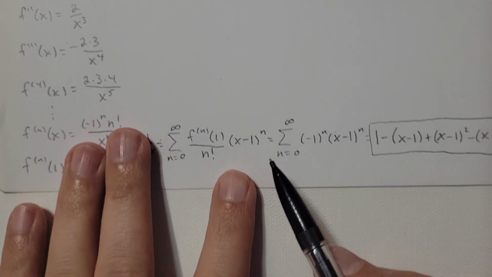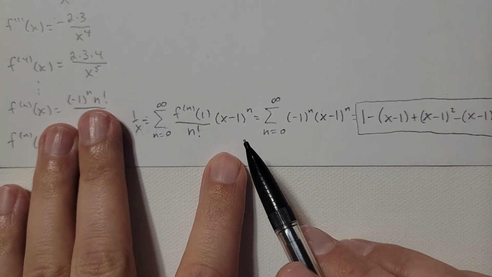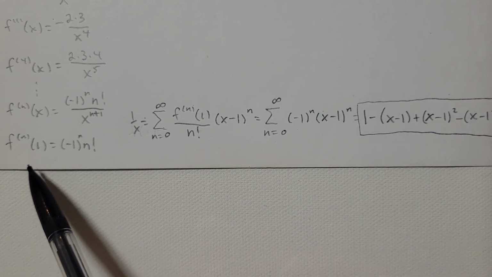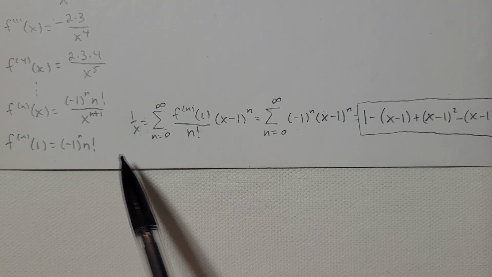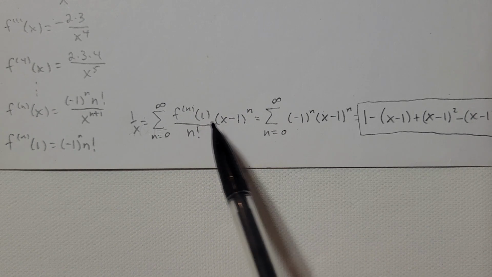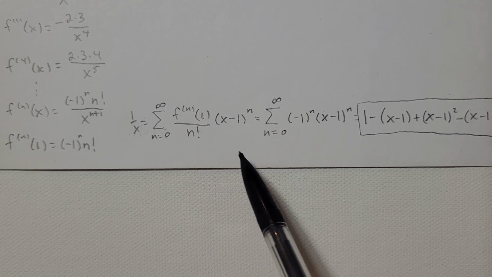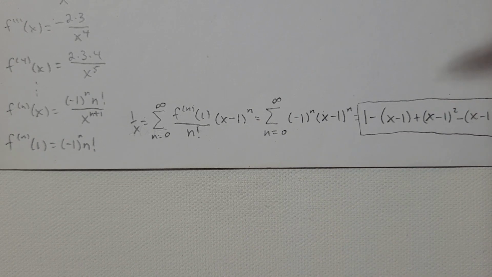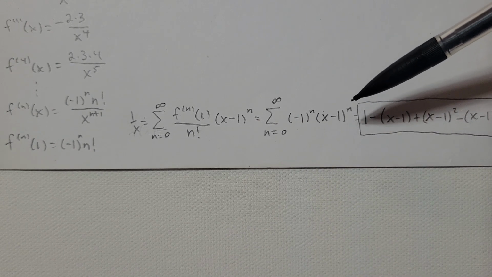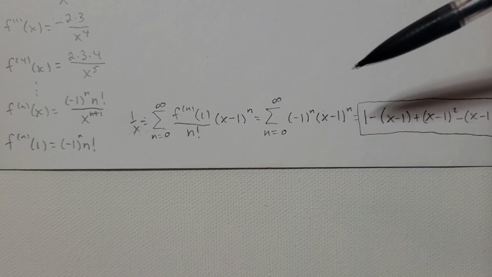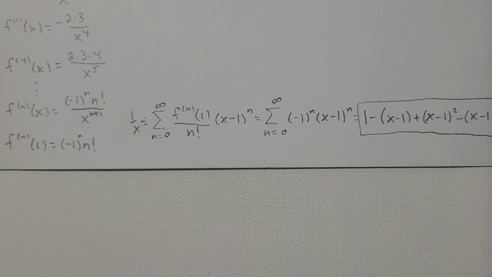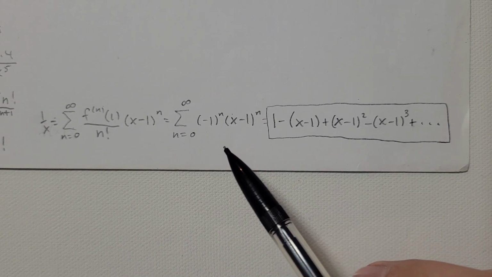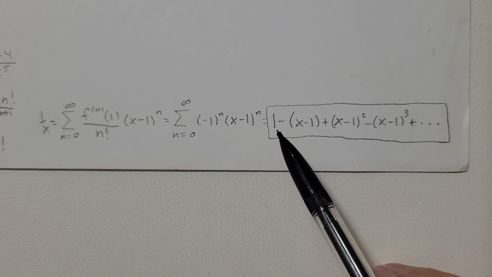Okay, and so let's see, when we simplify that, the nth derivative of f at 1 is negative 1 to the n times n factorial. The n factorials would cancel then. So I'm going to have negative 1 to the n times x minus 1 to the n. I got the summation of all that. And let's see, when I expand this out, when n is 0, anything to the 0 power is 1.